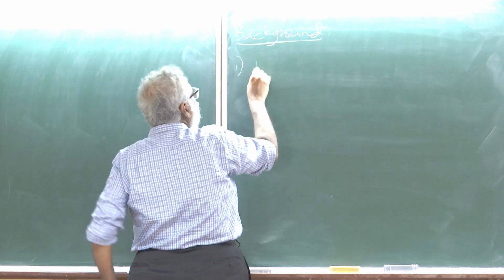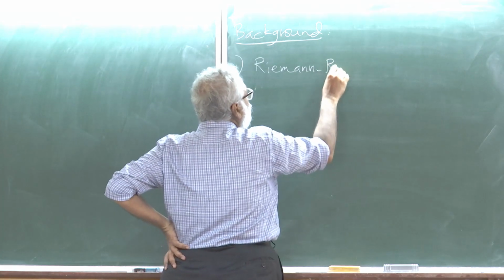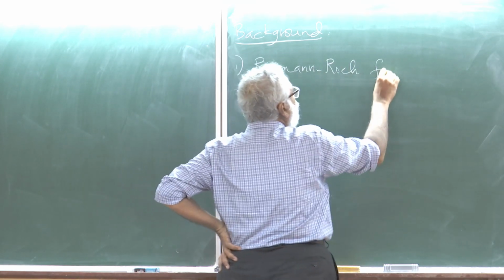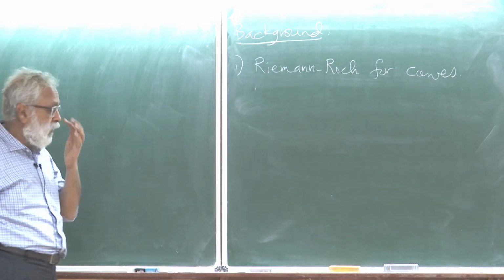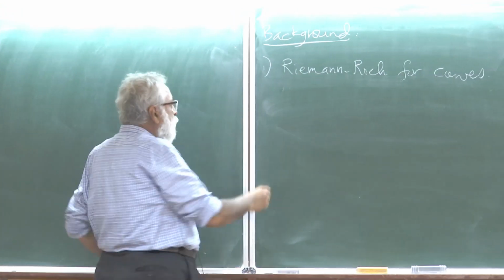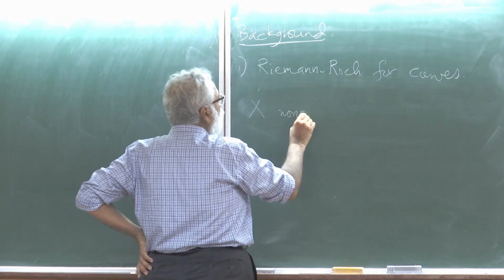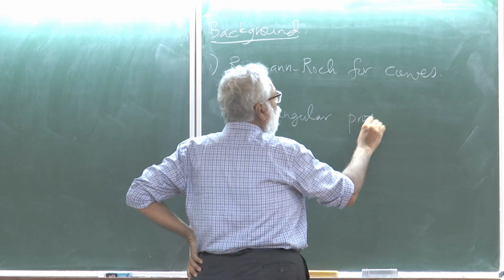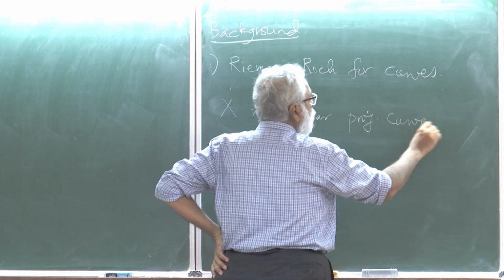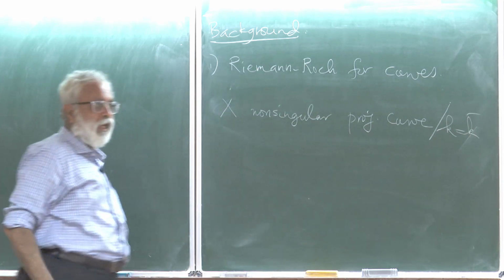So first of all, let's look at Riemann-Roch for curves. Here the context is the following. Let X be a non-singular projective curve over our ground field K, which I'm going to assume is algebraically closed.